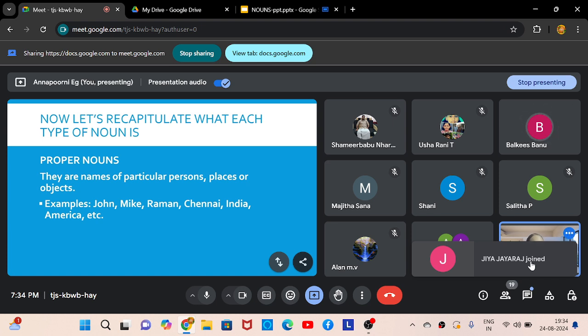Salita is the name of a particular girl. Balkis is the name of a particular person. Right? So the name we use for one particular person is what we call a proper noun. It is not only for human beings, it can be the name of a particular place, the name of a particular object. Okay, for example, Kerala is the name of a particular state.